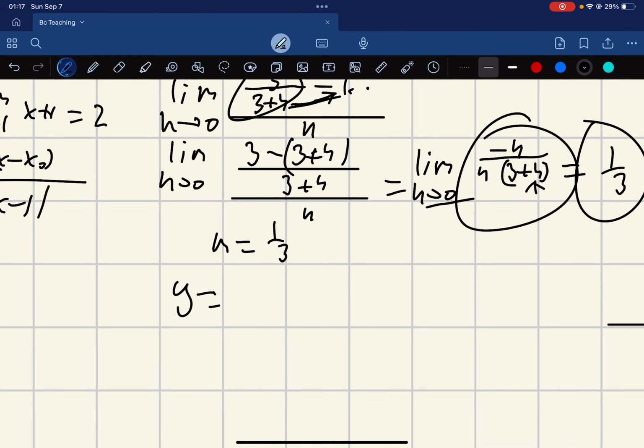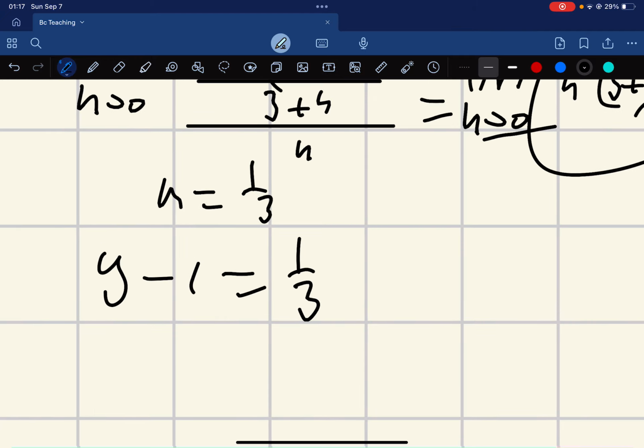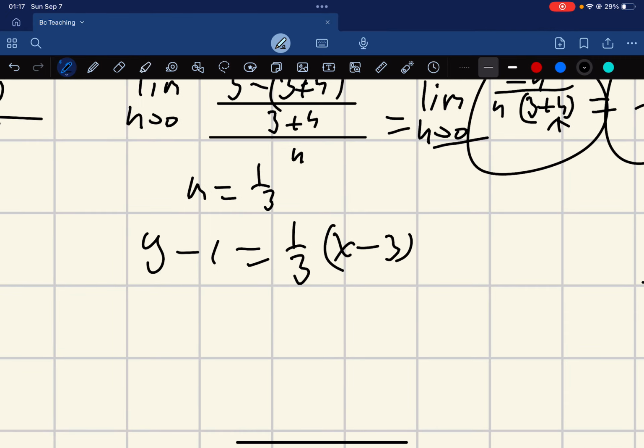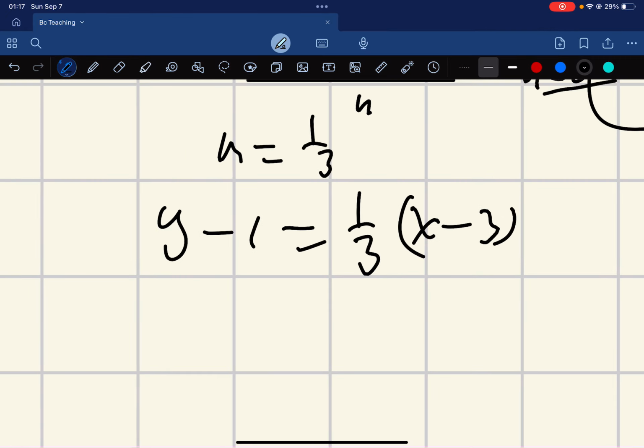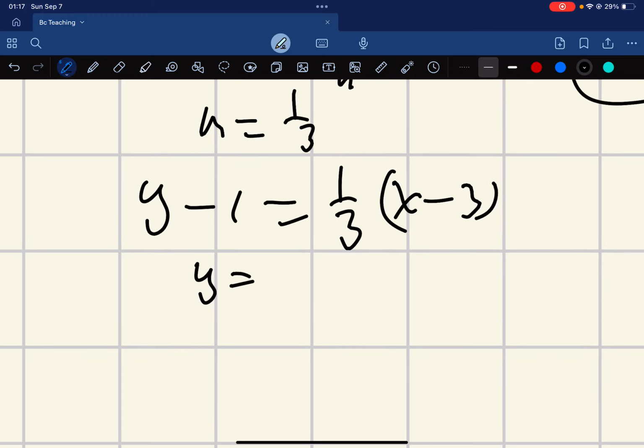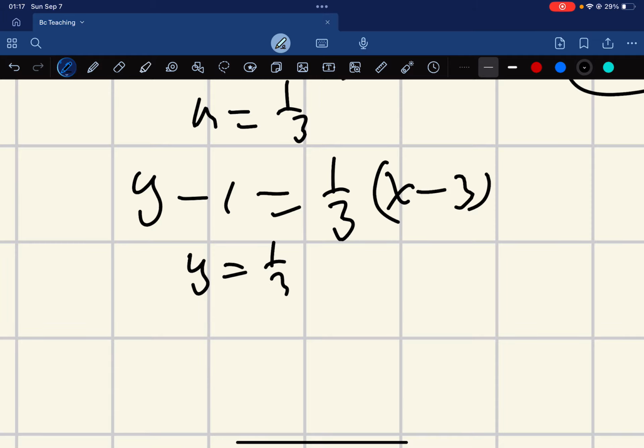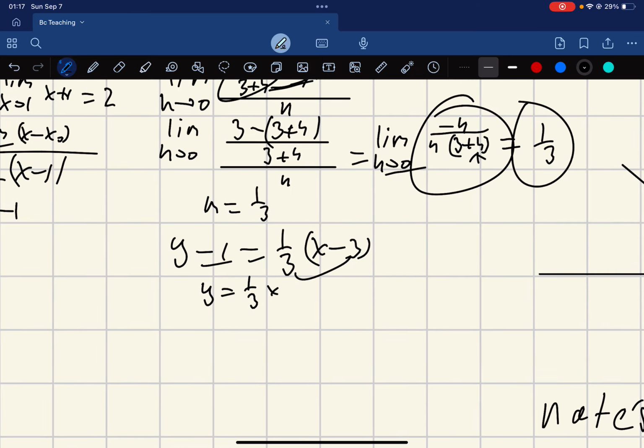So y minus 1 equals our m, times x minus 3. You can write it like that, or the other way, which would be to make it y equals whatever. But just for you, I'll do it. So it would be 1/3 x, that would be minus 1, that would be plus 1, so it's just 1/3 x.